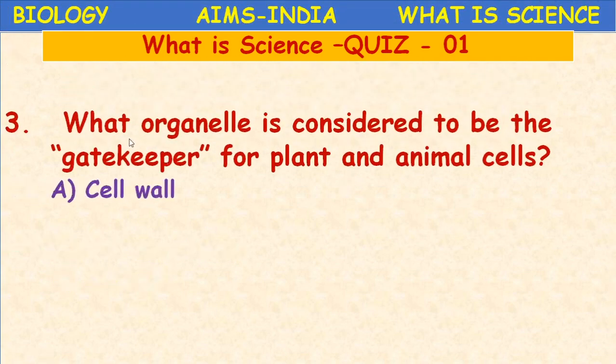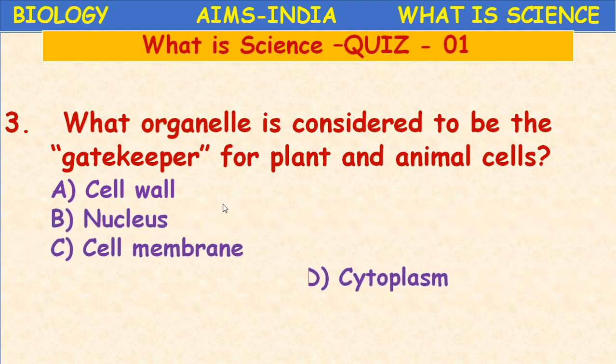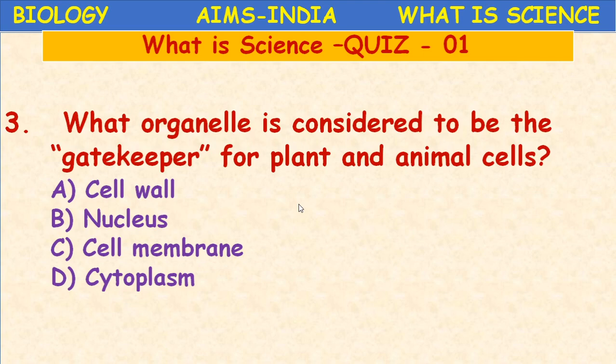Next question. What organelle is considered to be the gatekeeper for plant and animal cells? Cell wall, nucleus, cell membrane, cytoplasm. Yes, cell membrane. As we studied, it is a selectively permeable membrane. It allows only the substances which are required to pass through it.